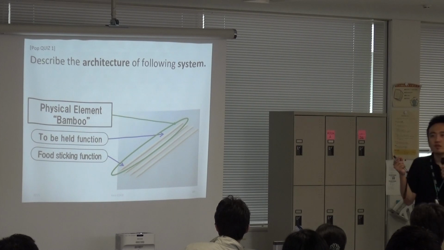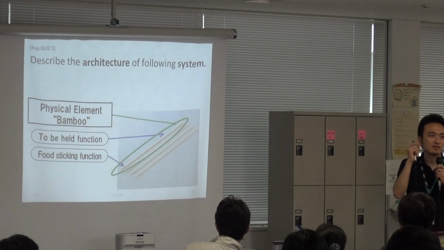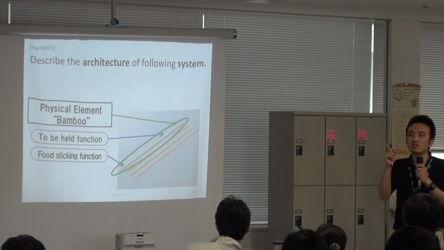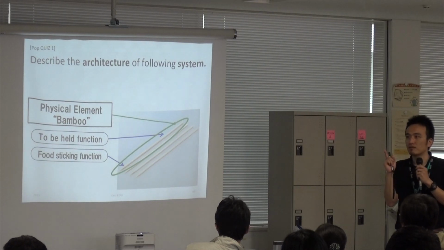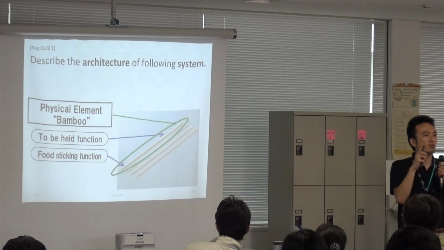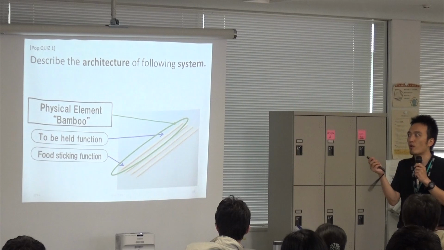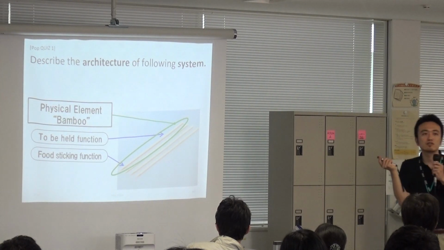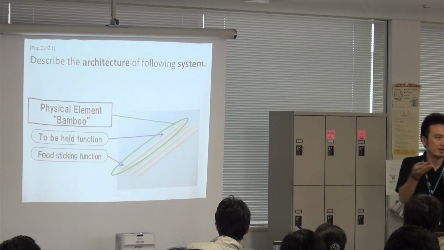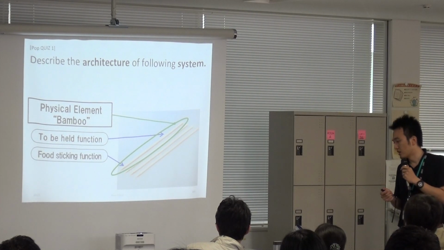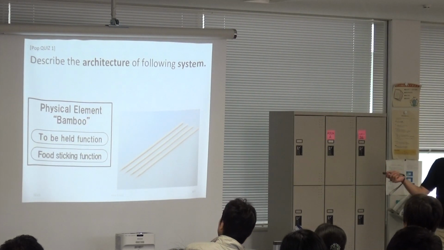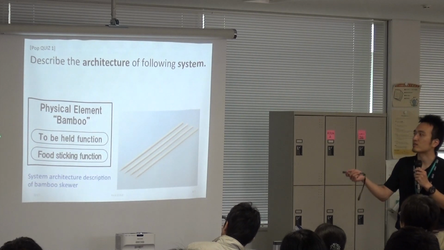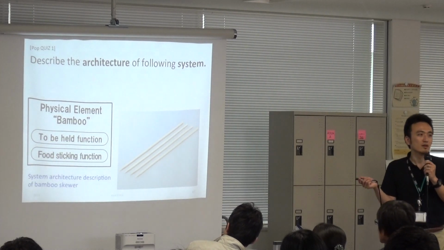So again, you need to wear different glasses to see elements. You cannot just be looking at physical element, because that glasses can only show you one thing. But if you wear functional viewpoint glasses, then all of a sudden you see two functions, or more maybe, right? So this is the way I describe my bamboo skewer, okay?